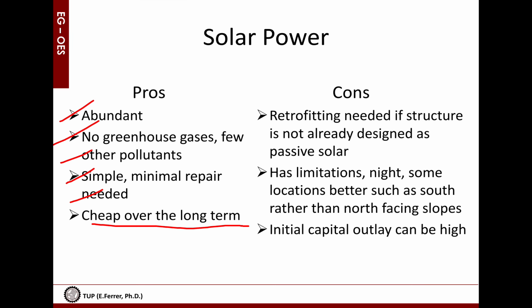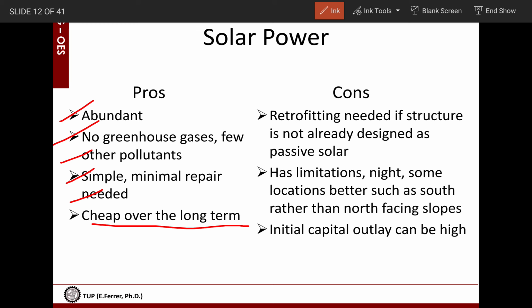What is the cons? The cons is you need retrofitting if the structure is not already designed as passive solar, it has limitation during the night, some locations are better suited to south rather than north facing slopes, and initial capital outlay can be high.